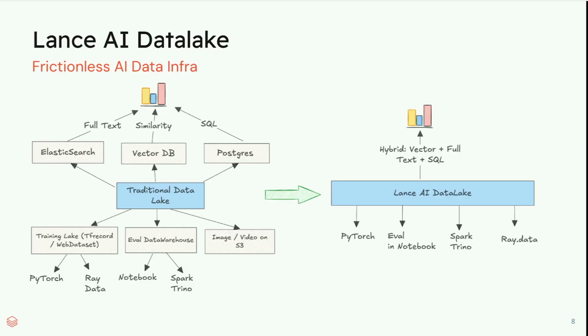And on the other side, in order to provide good data access capability for different data analytics and training frameworks, you also need to create your own training data lake or warehouse solution to be able to connect to different big data and AI frameworks. But leveraging the Lance AI data lake, we are able to help you store multimodal data directly in the data lake.